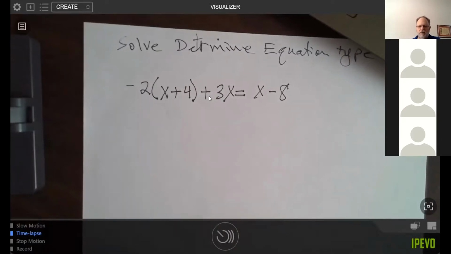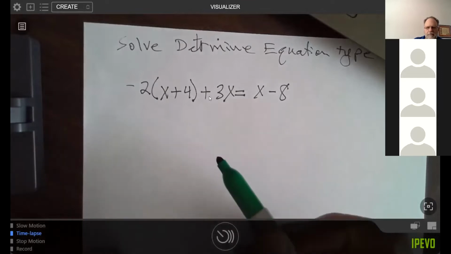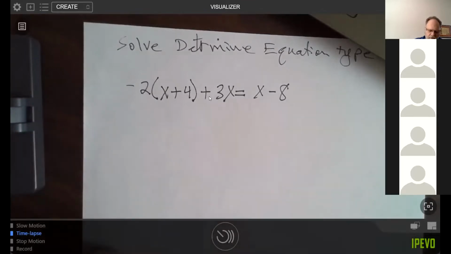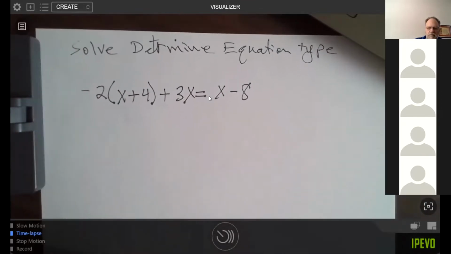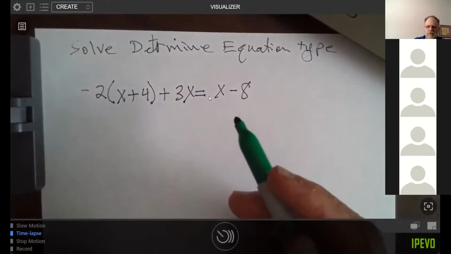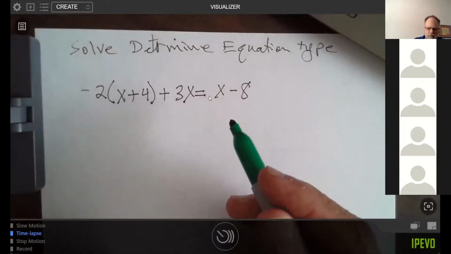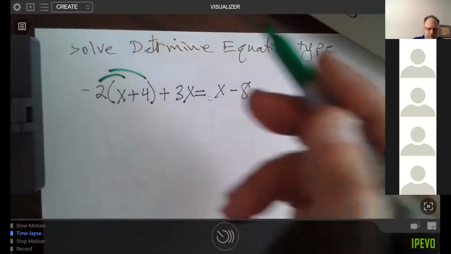First thing we're going to do is, anybody tell the class, what do we do first? You distribute. That's right. We distribute the -2.